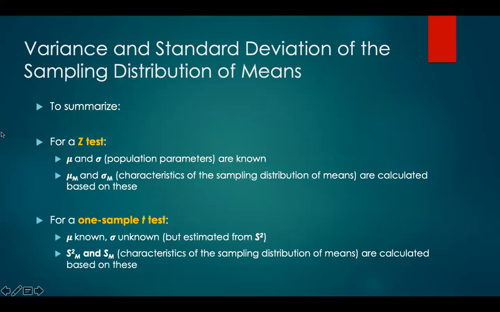Now, to summarize what we've covered so far, for a z-test, we have a known population mean and standard deviation, and the mean of the sampling distribution of means and the standard deviation of the sampling distribution of means, or the standard error, are calculated based on these known population parameters. Now, for a one sample t-test, the population mean is known, but the population standard deviation is unknown.